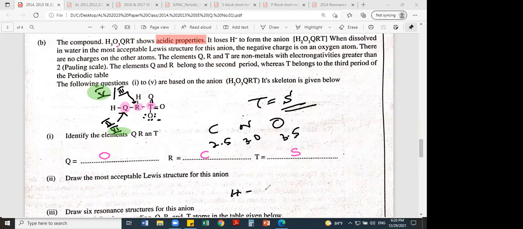H, O, C, H. Then you get S, double bond oxygen, double bond oxygen, single bond O with a minus charge. Here there will be a lone pair, here a lone pair, and here there are 3 lone pairs, here 3 lone pairs, here 2 lone pairs.